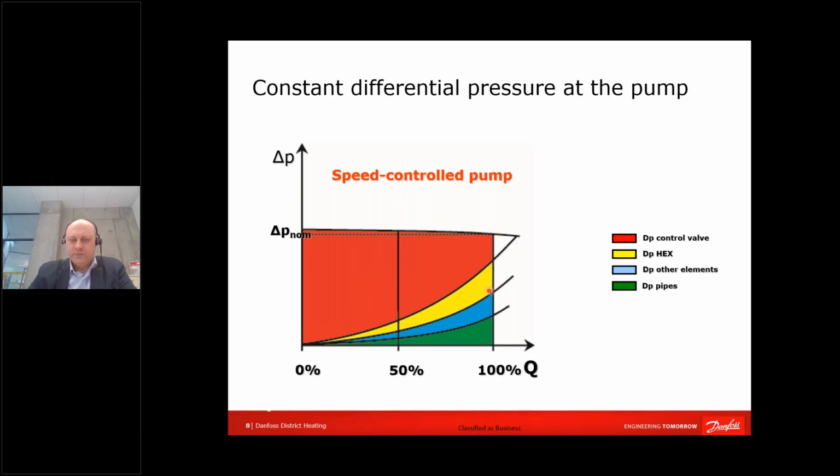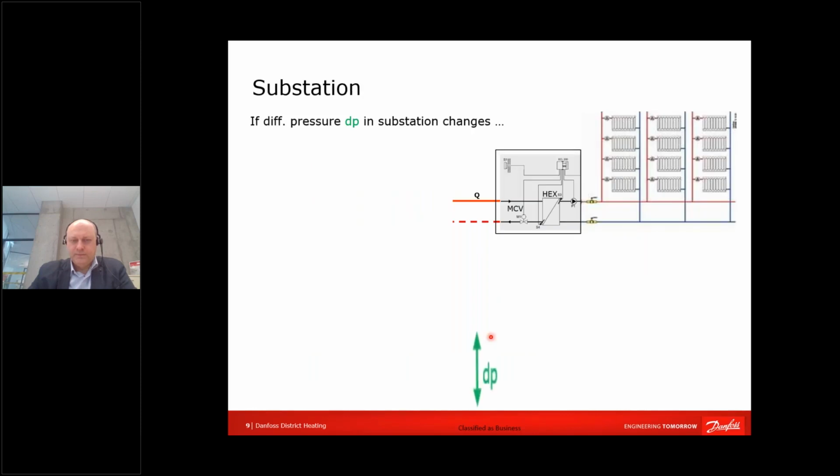Yellow will be pressure drop on the heat exchanger, blue one, some other components, green one, pipe, a line component, so a pressure drop in the pipes. So actually, when our consumption is decreasing, the pressure drop which a control valve has to eliminate is increasing.